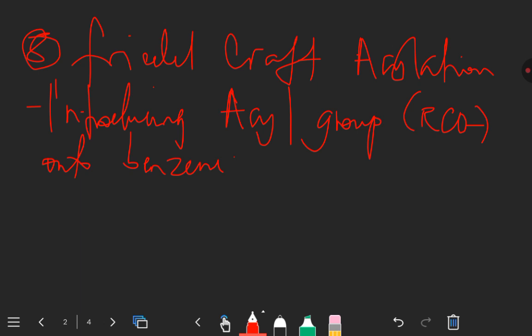So how this reaction is able to take place: we have a benzene ring, then there will be this acyl group. This is an alkyl group bonded to a certain carbonyl group, which is a C with a double bond to oxygen.